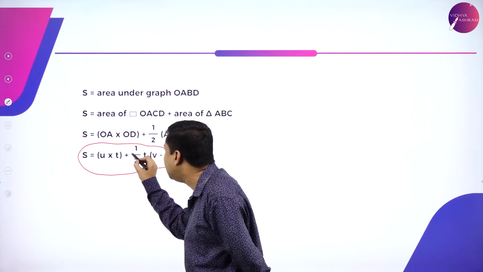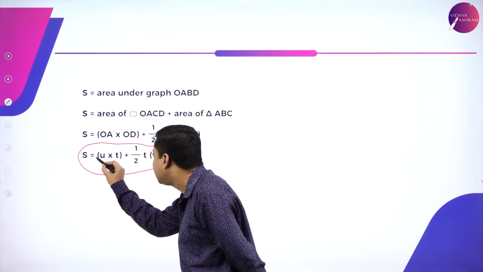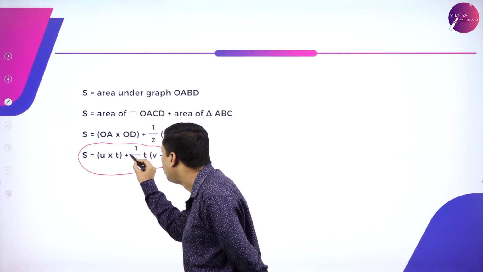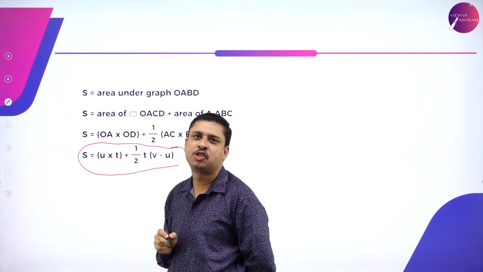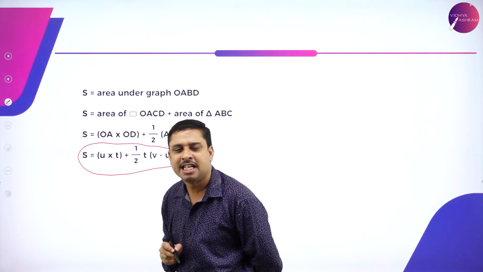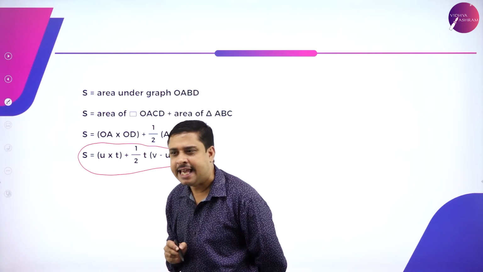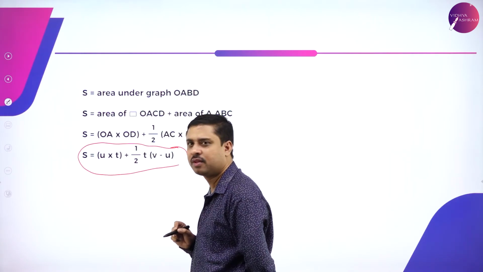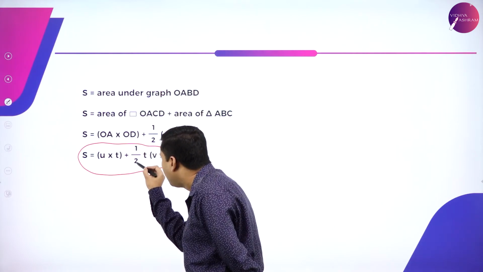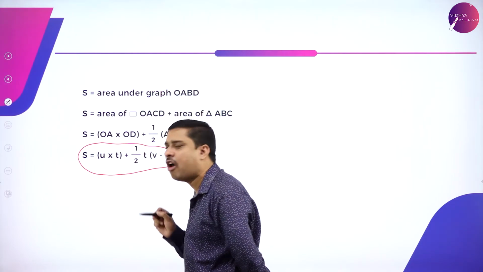Now, I will highlight here S equals UT plus half T into (V minus U). The same displacement equation, I continue. I have to eliminate the 2 from the denominator.